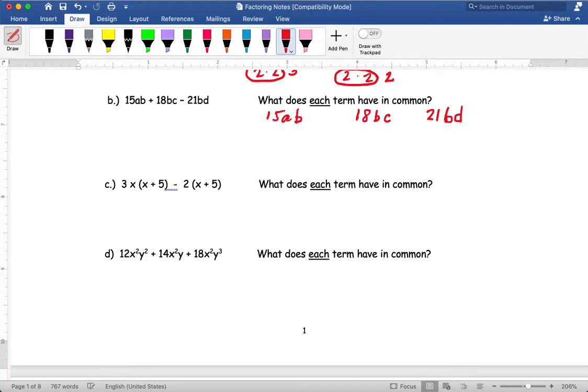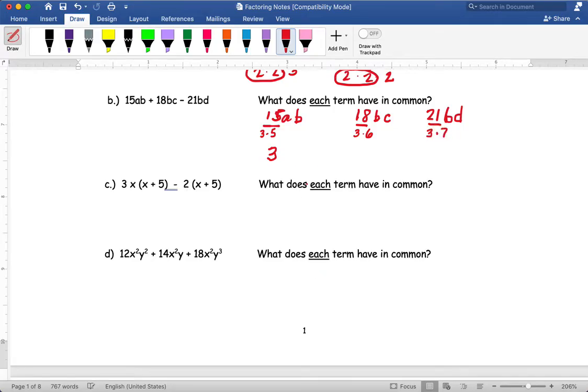All right, that 15, there we go, fixed it. So I'm looking at the integer part of all of this, the numbers. And I'm like, well, 5 times 3 is 15. 6 times 3 is 18. And 7 times 3 is 21. So it's looking like I could take a 3 out of each of them, right? Because, again, this was 3 times 5. This was 3 times 6. This was 3 times 7.